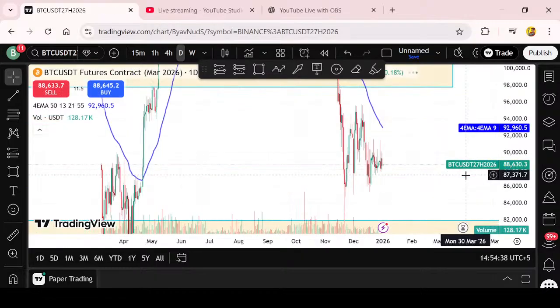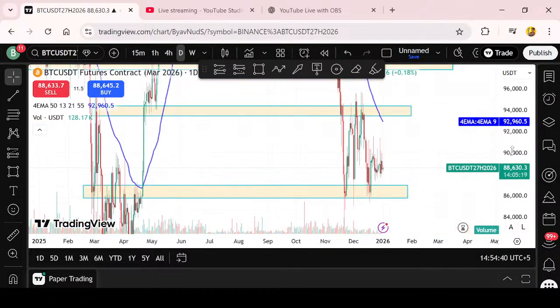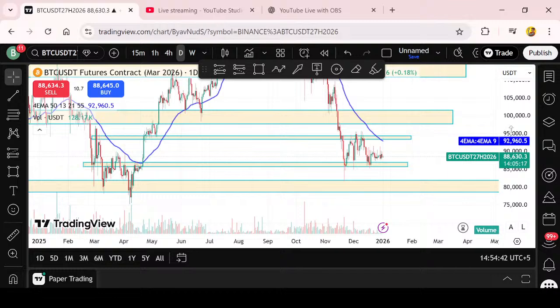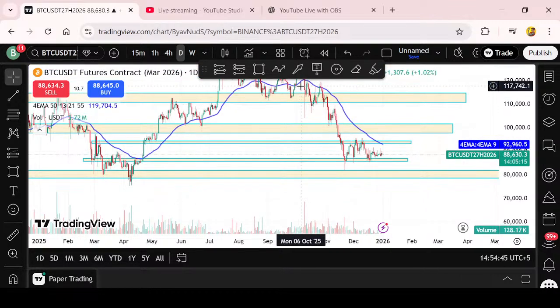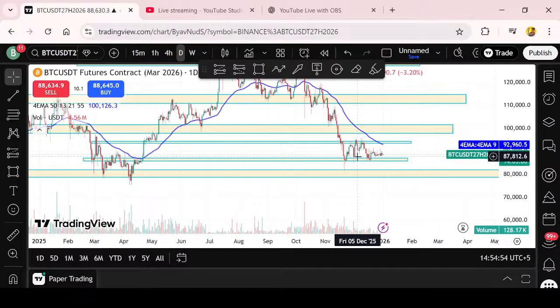Now you can see clearly here a downtrend from here: lower high, lower low, lower high, lower low, lower high, lower low. Now in this area the price is totally stuck. It is not moving up or down. We have to wait for the confirmation. Without confirmation we can't do any trade, because that is the process of doing good trades and doing real trading.